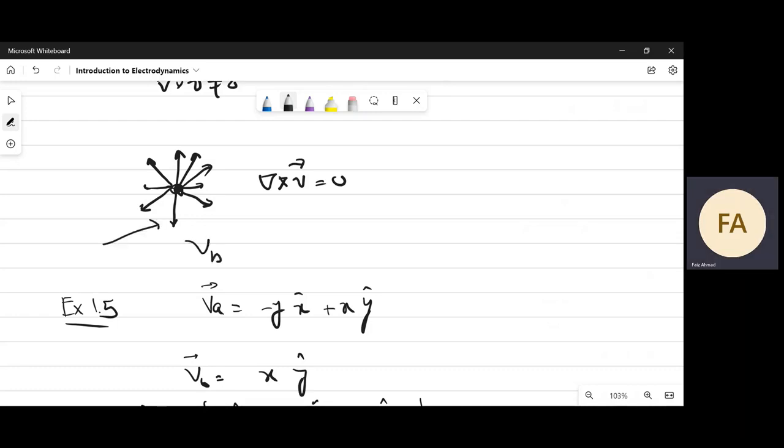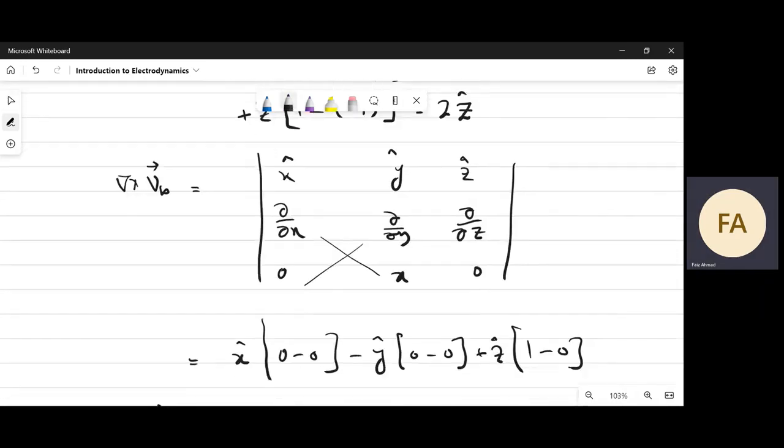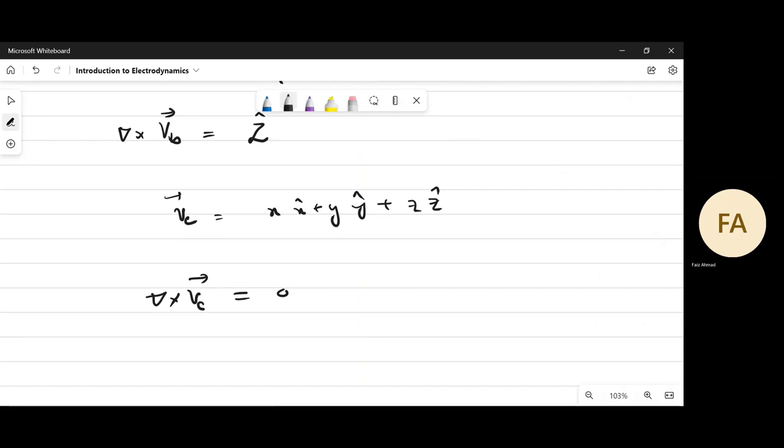This is VC. So curl is pointing in the direction of rotation, the direction in which V is rotating.